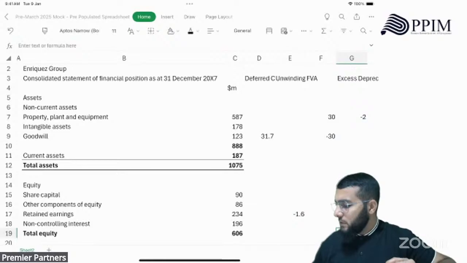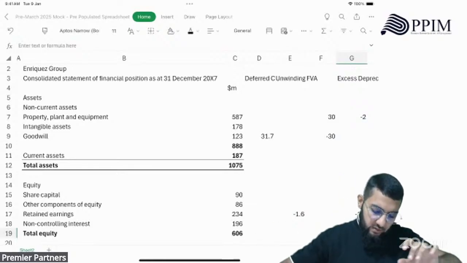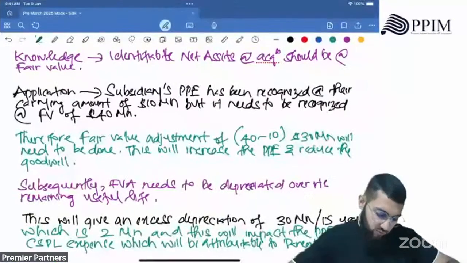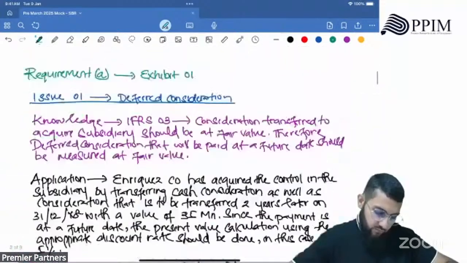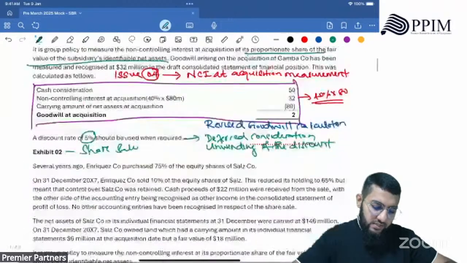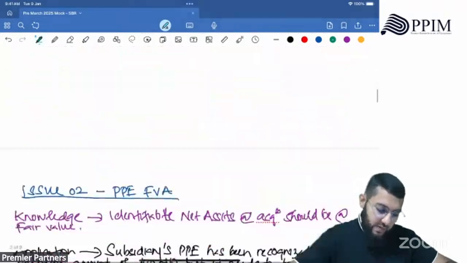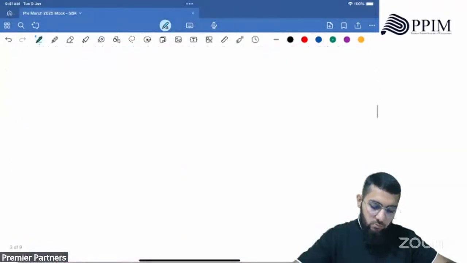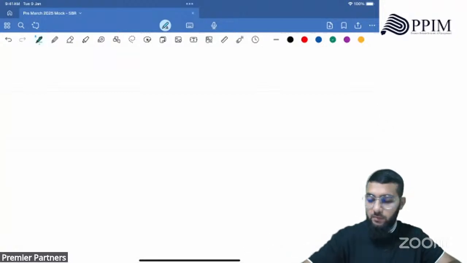Clear? Then let's move to the next issue. Issue number 3 is deferred tax. Issue number 4 is NCI. Quickly move to issue number 3.